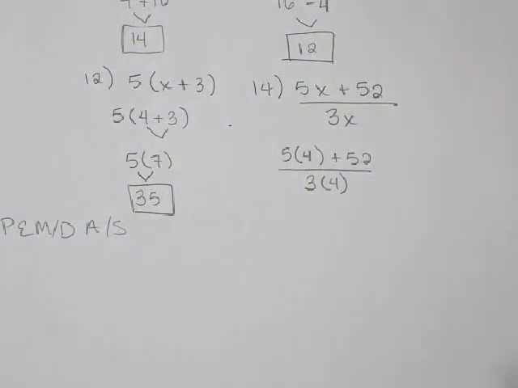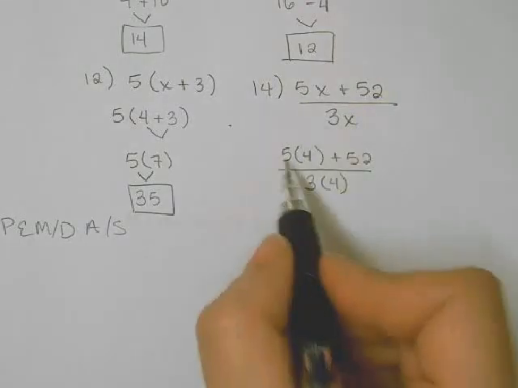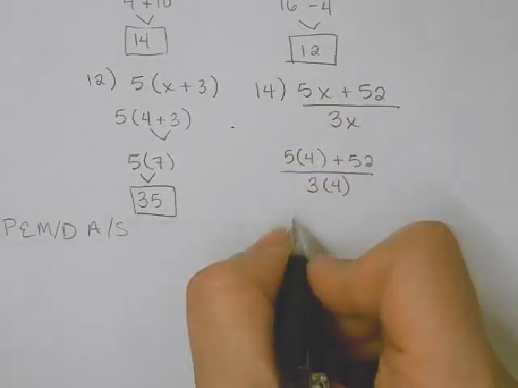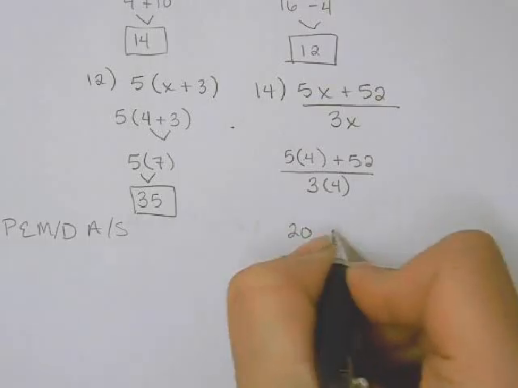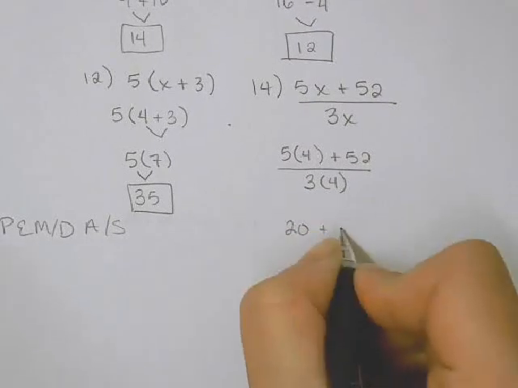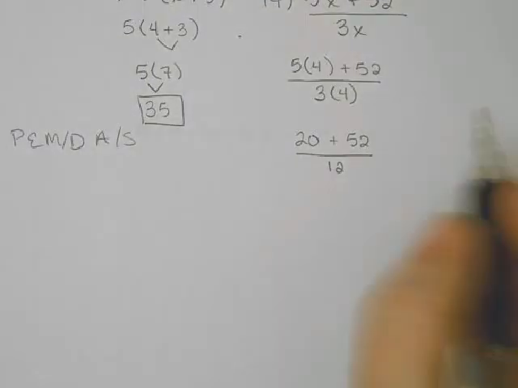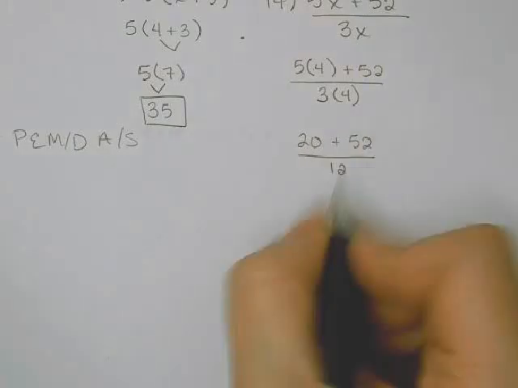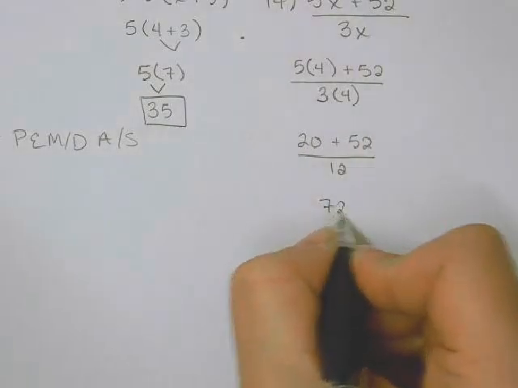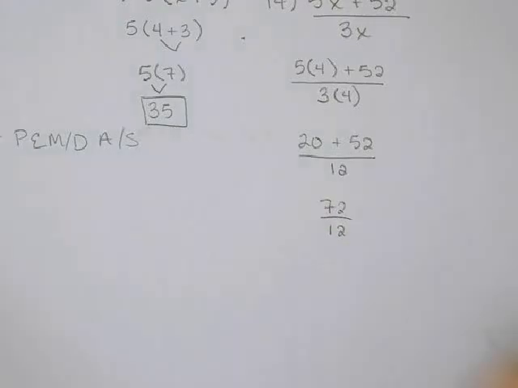First we're going to get rid of those parentheses by multiplying. So 5 times 4 is 20, plus 52 divided by 12. Then I'm going to add 20 and 52, so that's going to give me 72 divided by 12.